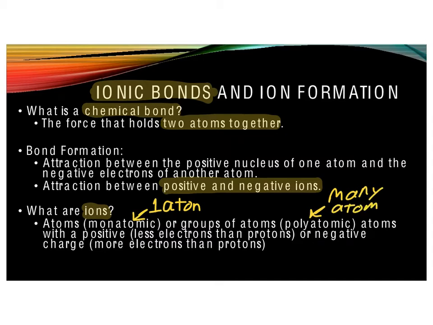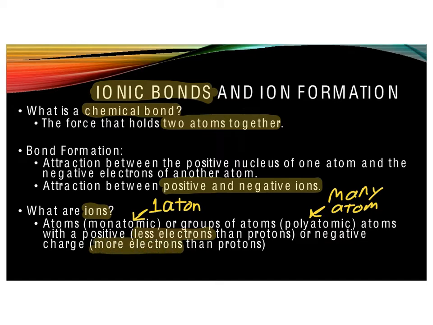So we have either monatomic or polyatomic ions that have either a positive charge, which means that there are fewer electrons than protons, or a negative charge, which is more electrons than protons.